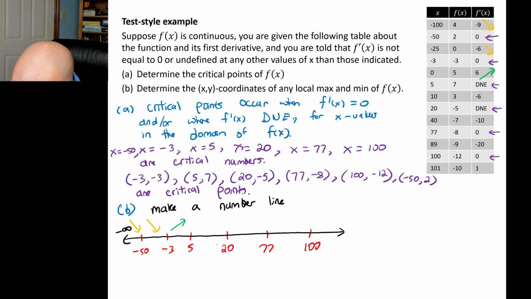Then from 5 to 20, my test value would be 10, and it's decreasing there. So it's decreasing here. Then it's decreasing at the next test value at 40, between 20 and 77. And it's decreasing at the next one.